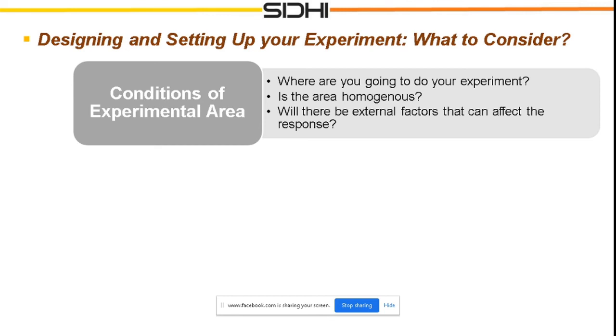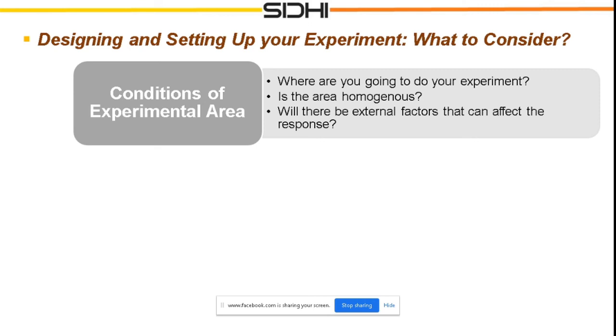All of the area has the exact temperature. It has the exact relative humidity. It has the exact sunlight coming in. And will there be external factors that can affect the response? Meron bang environmental factors or external factors beyond your control that could affect your result, that could affect your experiment?